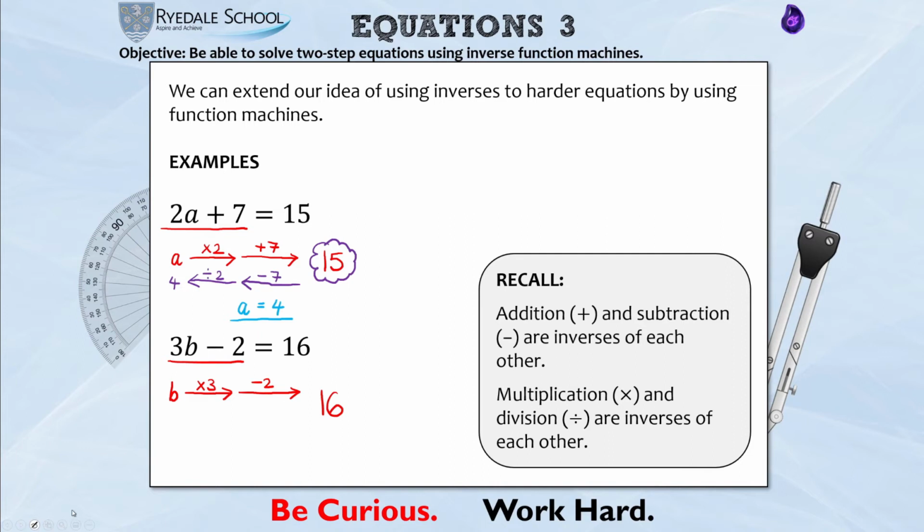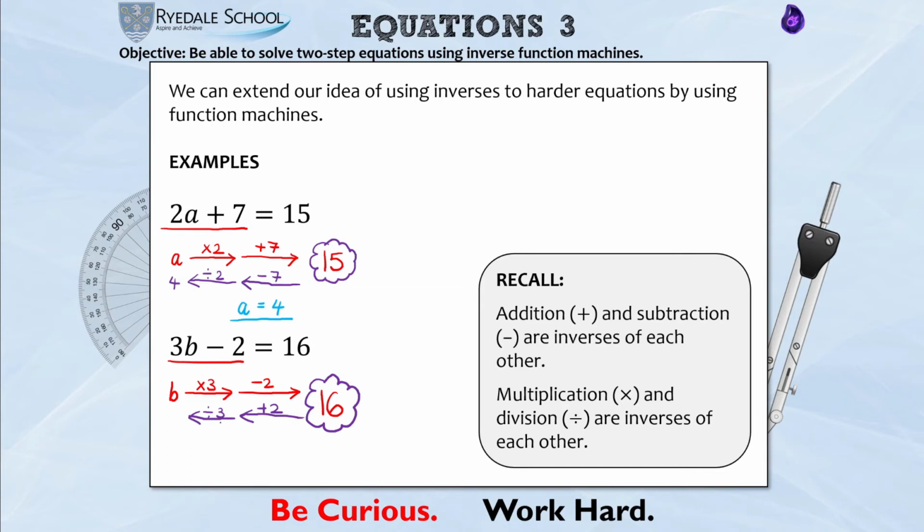Let's think about the inverses. What is the inverse of subtract 2? That is add 2. What is the inverse of multiply by 3? It is divide by 3. So let's follow through this from the number 16 and see what b has to be. 16 add 2 is 18.